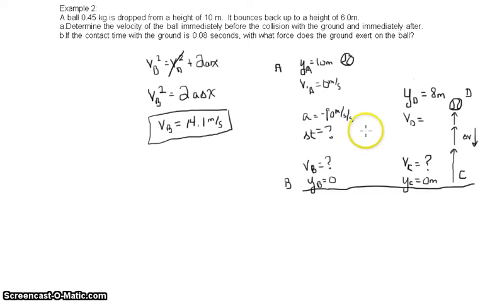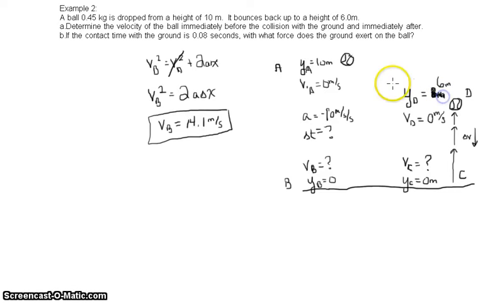So our acceleration again is going to be negative 10 meters per second squared. Our time, well, we don't know. The velocity at the highest point here will be 0 meters per second, and I realize I wrote 8 here, and that should be 6 meters.